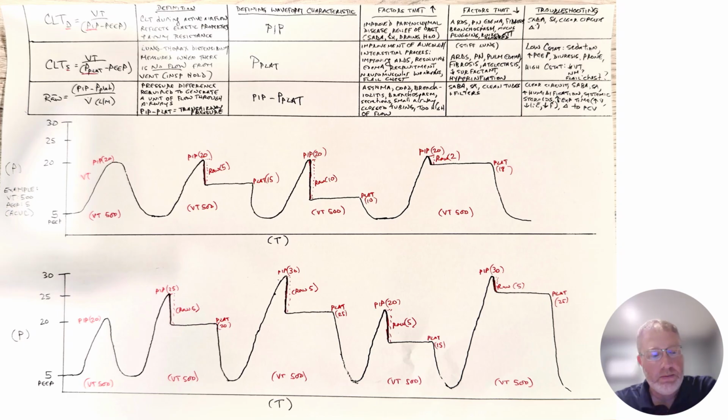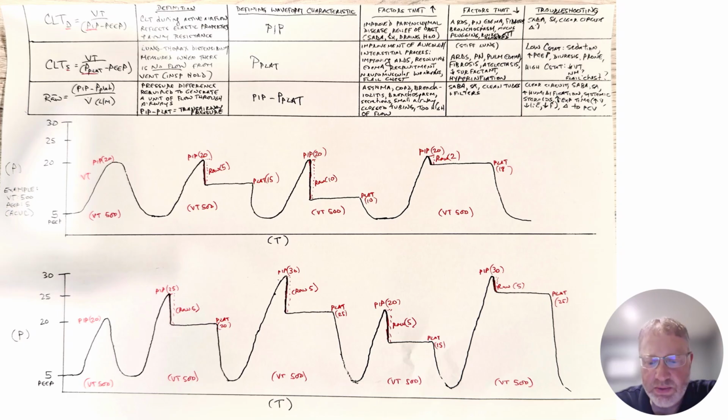So PIP minus plat over flow in liters. Factors that increase resistance, well, lots of stuff: asthma, COPD, bronchiolitis, bronchospasm, secretions, small airways, small endotube, clogged tube, too high of flow, things like that.